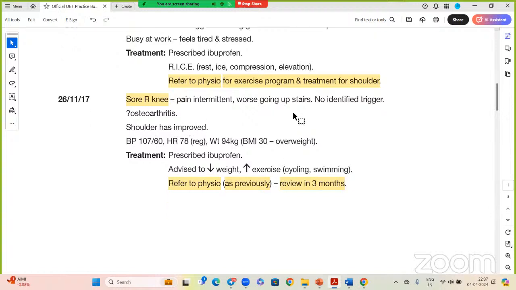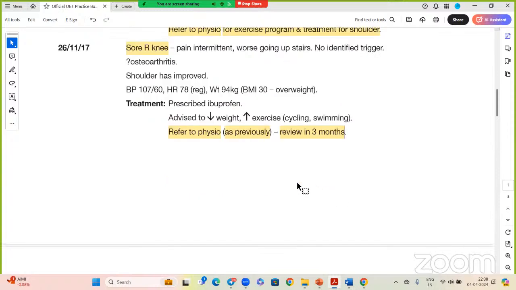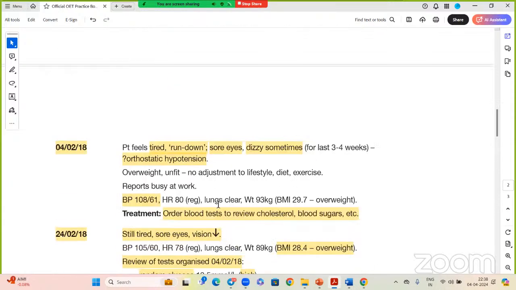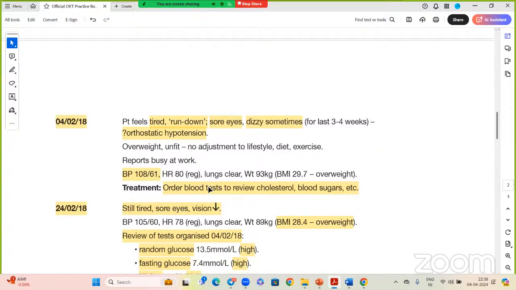And again review. One time referred, second time also referred, and review in 3 months' time. So he has been seeing the physiotherapist for almost 5 to 6 months. First 2 months, then 3 months.